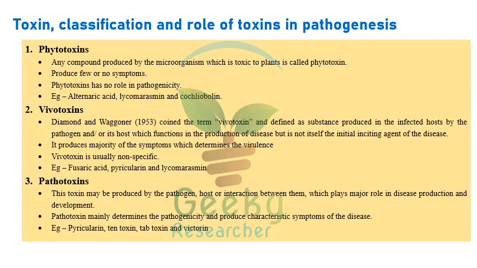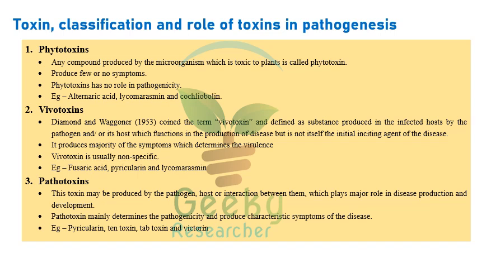And coming to toxins and the classification of toxins in plant pathology, mainly we can observe three kinds of toxin: phytotoxins, vivotoxins, and pathotoxins. Rather than explaining all those things, let me give examples. The examples of phytotoxins are alternaric acid, lycomarasmin, and cochliobolin.